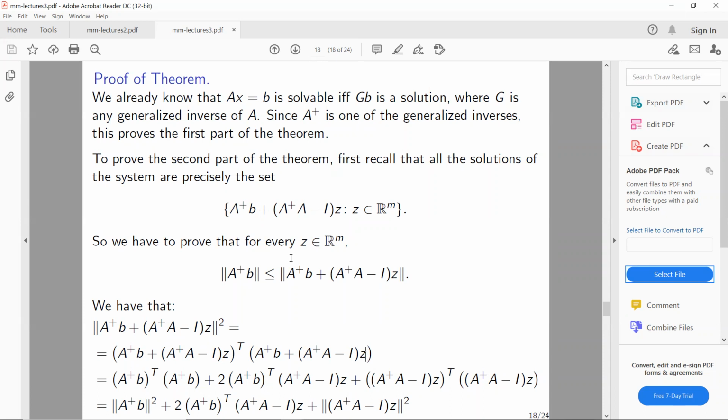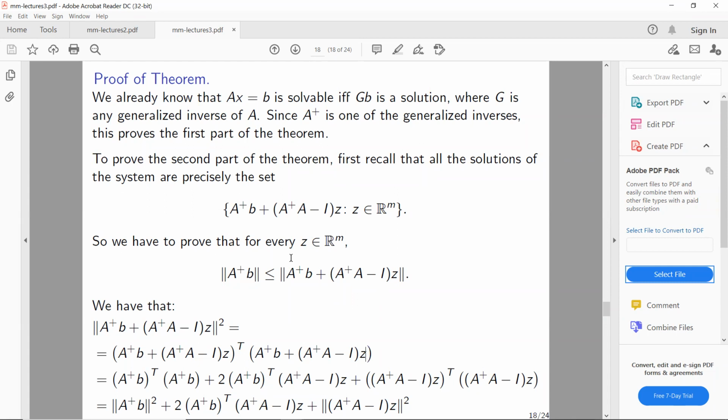So I have to multiply each vector from the first bracket with each vector from the second bracket, and I get 4 summands. I get A plus B transpose times A plus B, taking the first components of both brackets. Then I have A plus B times the second vector from the second bracket. And then I take the second component of the first bracket and the first component of the second bracket.